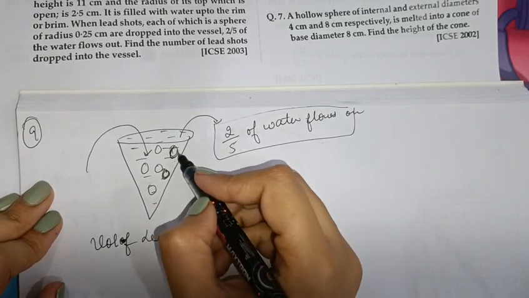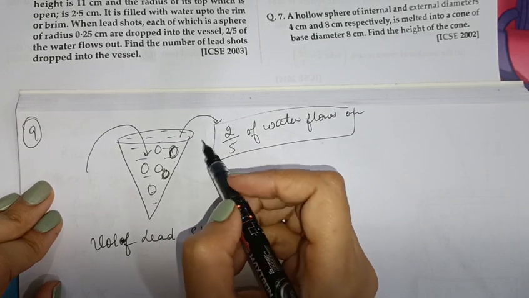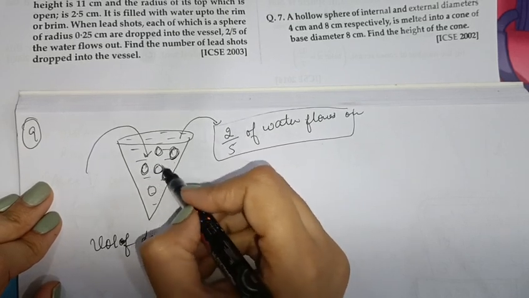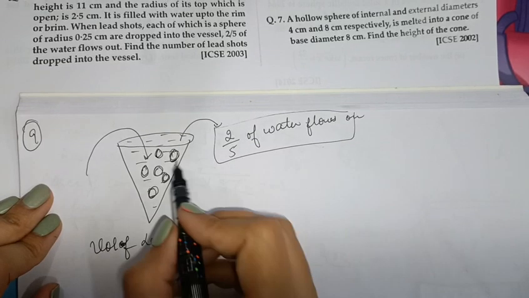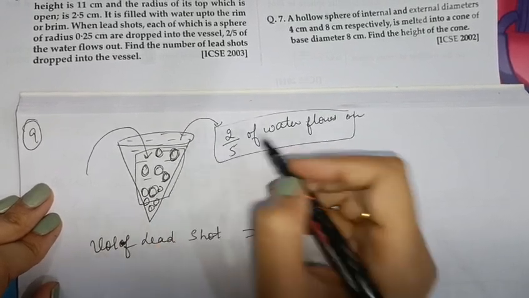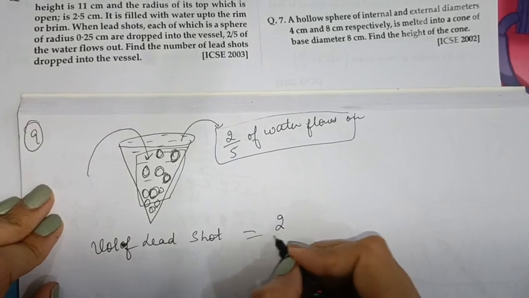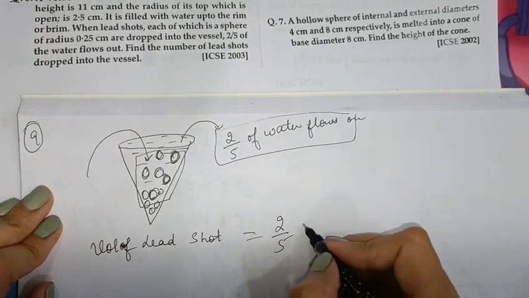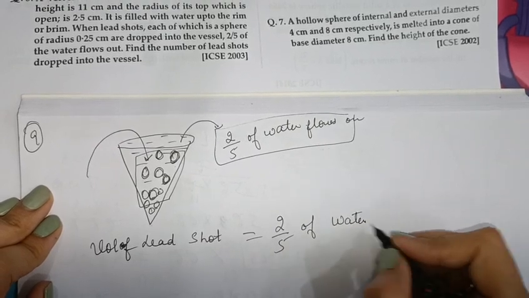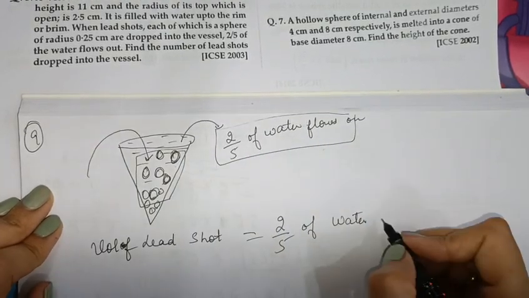That means they are only occupying the space which was earlier occupied by water. Now these lead shots are occupying that space. So the volume where the lead shots are is equal to the volume of water that flowed out, which is 2/5 of the water already present.